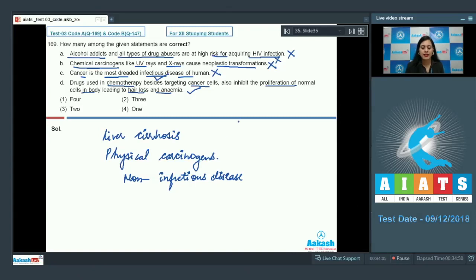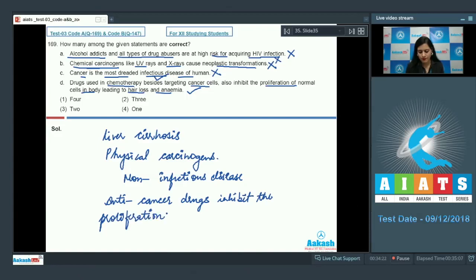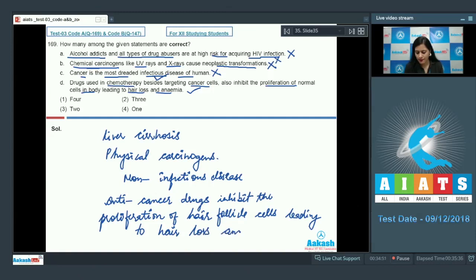And this is a correct statement because anti-cancer drugs inhibit the proliferation of hair follicle cells, leading to hair loss and anemia.